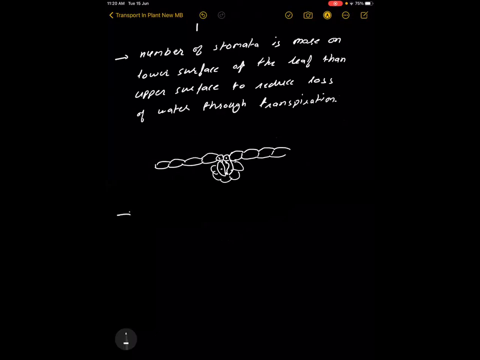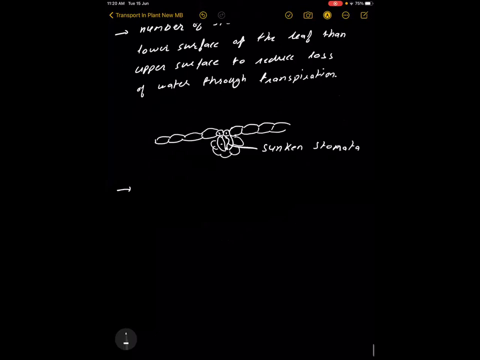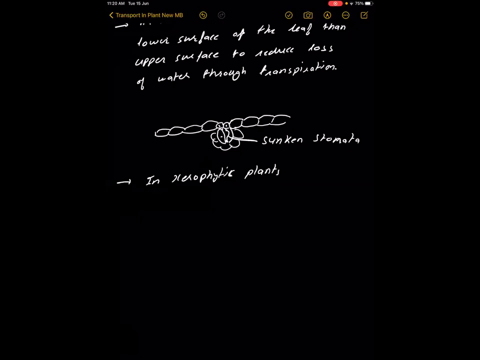So the next point is sunken stomata. In desert or xerophytic plants, the stomata are completely covered by subsidiary cells.